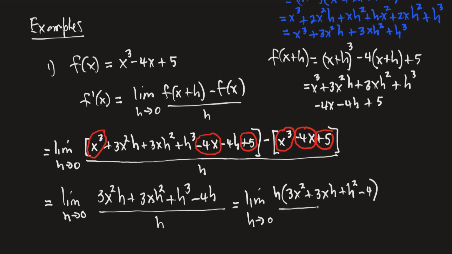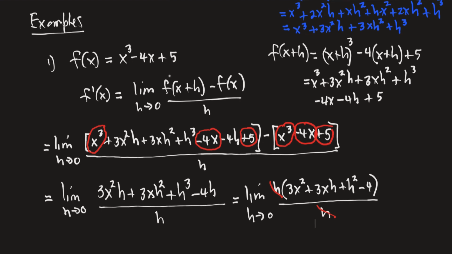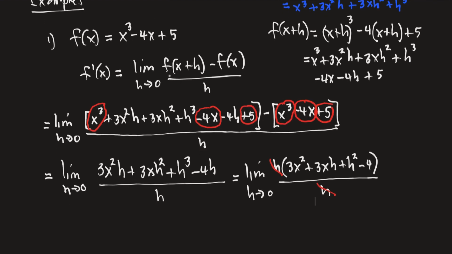And then this is all over h. So now we can reduce our difference quotient even further. And what goes? That factor of h, that factor of h. And it's just slowly, we're getting to a point where now we can actually evaluate the limit.